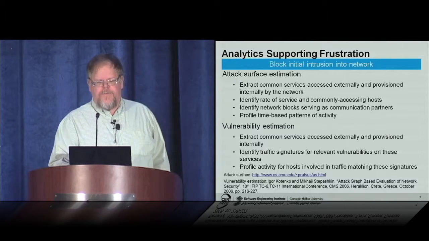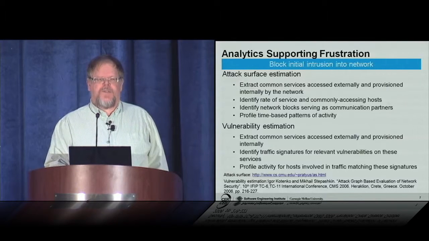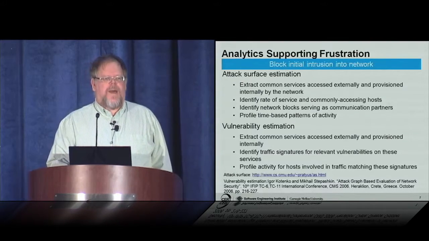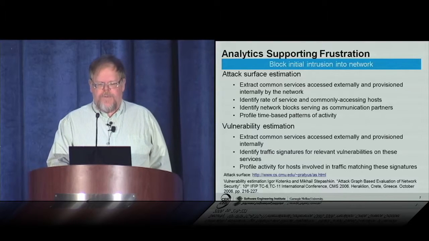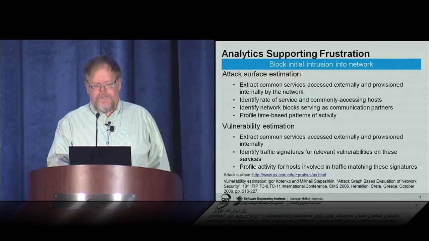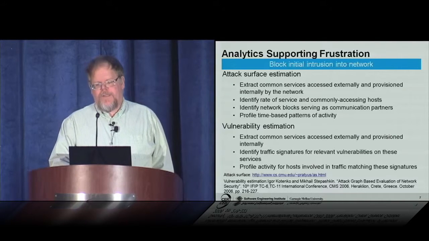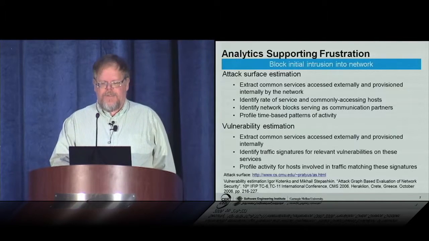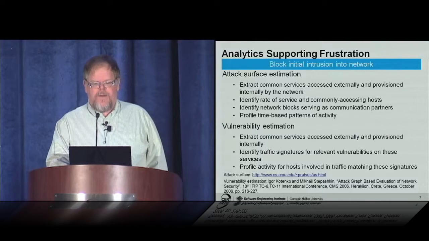There have been a series of presentations about the attack surface, in particular John McHugh, back in the day, did a number of different presentations at FloCon on attack surfaces. There's been some further work on attack surfaces done at CMU. But the basic idea is you want to extract the common services that are accessed externally and provisioned internally by the network.